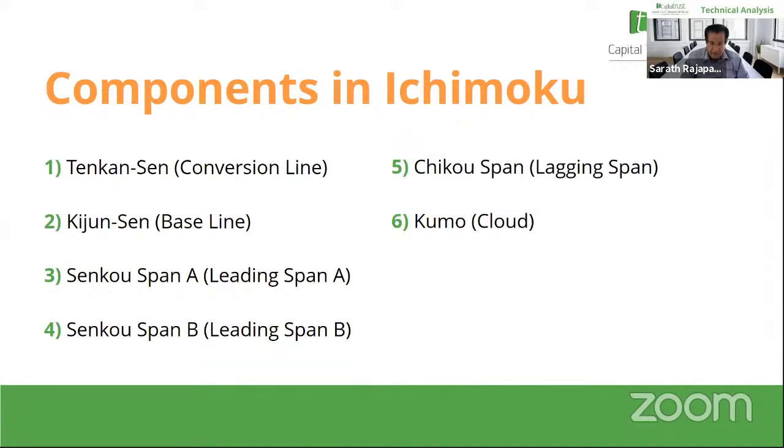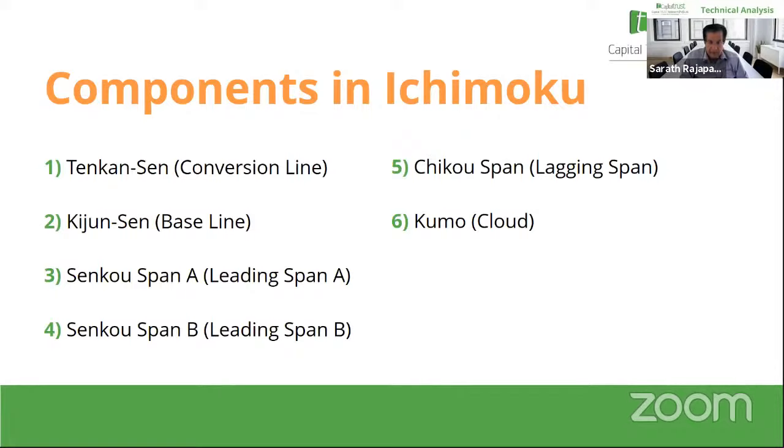Out of these, the most important line is the Tenkan-Sen, or the conversion line, which we obtain from the candlestick charts directly. Based on that, we also extract the baseline, or the Kijun-Sen line, which is used for calculating Senkou span A and Senkou span B, which are the 2 borders of the most important member of the chart, the Kumo, or the cloud.